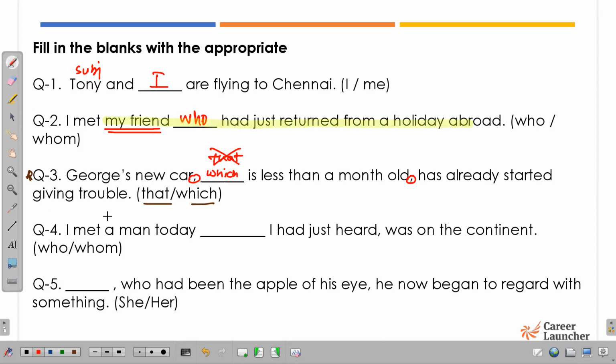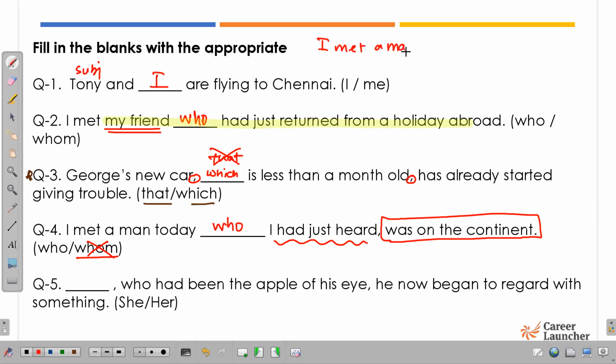Okay, third we have already done. I met a man today. A most common problem is whom. Whom is wrong. Please remember, this is who was on the continent. I had just heard is just another clause which is a dependent one. So we will add the sentence in this manner. I met a man today. So these are 3 sentences. Look at it this way. I met a man today.